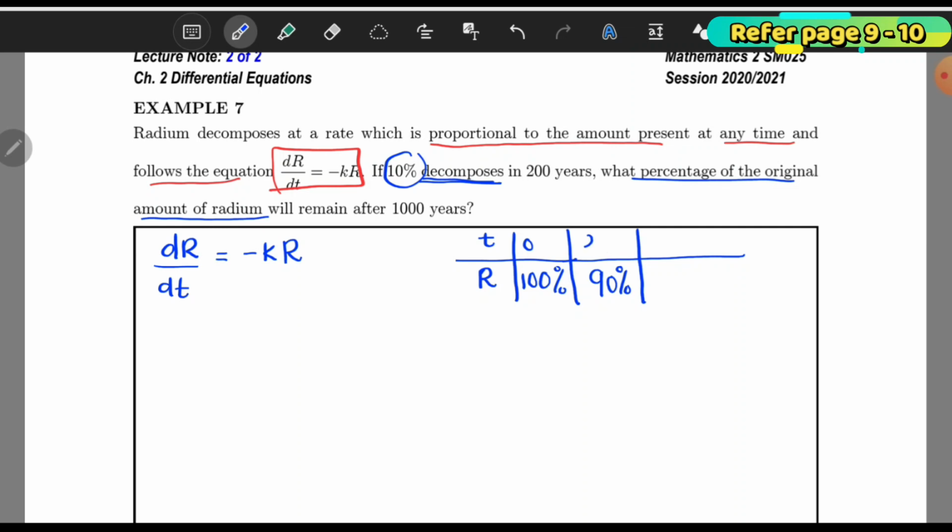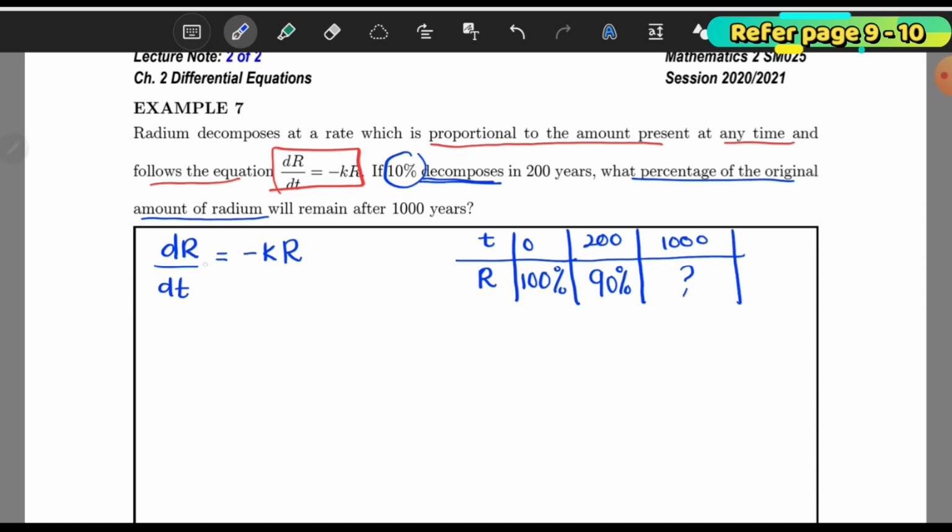After 200 years, it becomes 90% because 10% has decomposed already. What percentage of the original amount remains after 1000 years? So we want to find the radium, or the amount that remains.